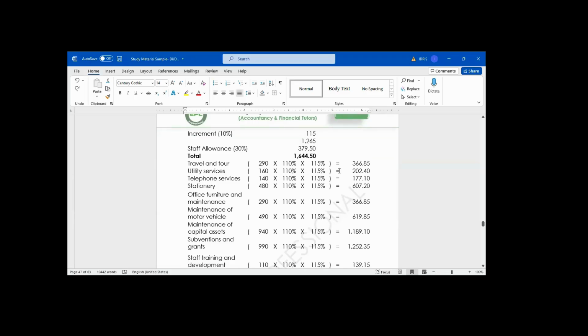You will get how much? 202,000.4. Do you understand? The same rate will affect them. They are all overhead. Do you understand? Yes, sir.